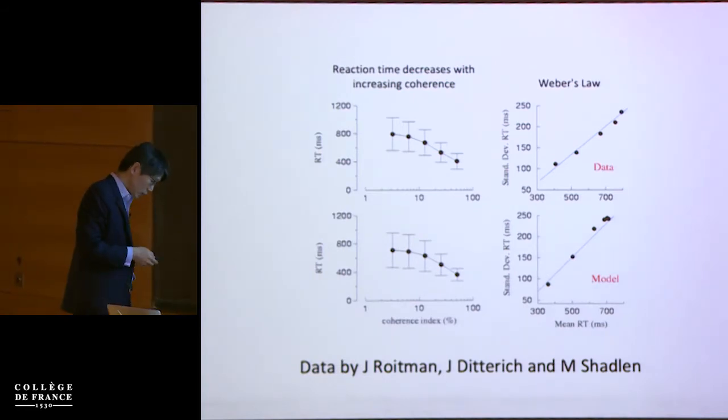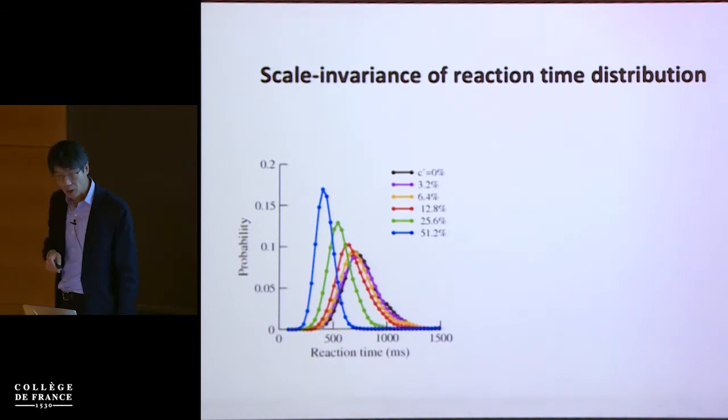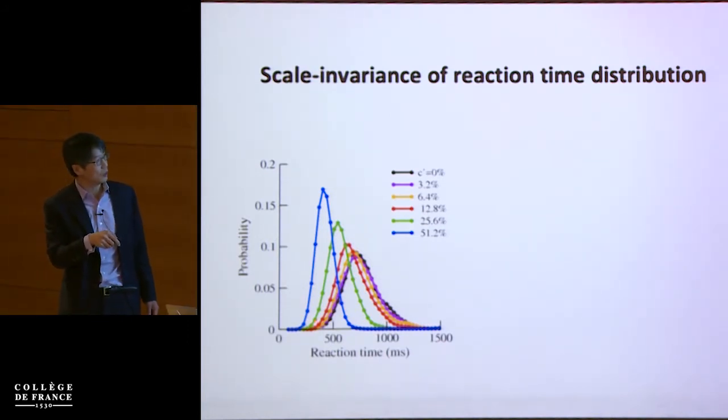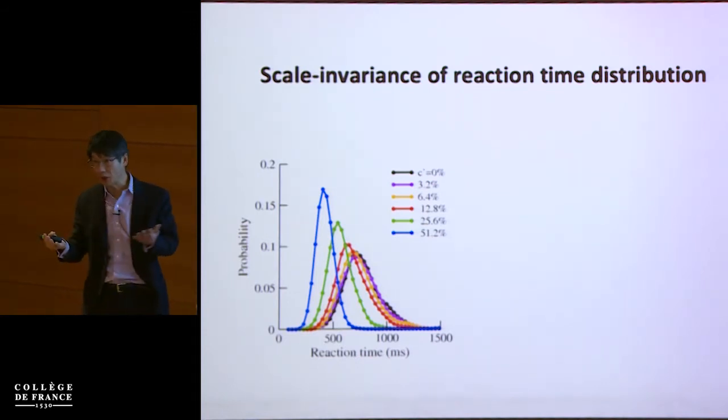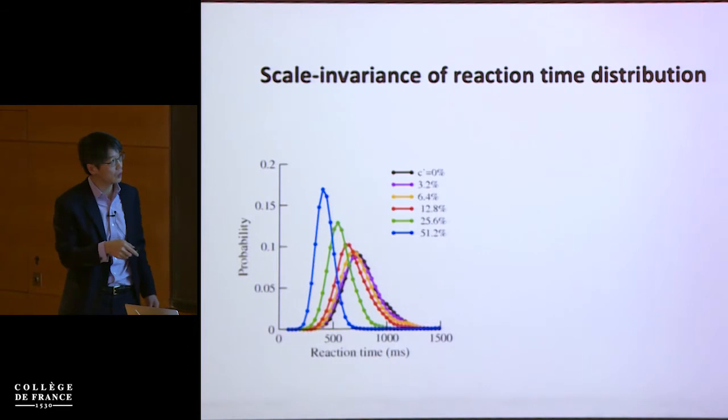And then you say, okay, let's look at the whole distribution of reaction times, and see if you have something like that. So what's shown here are 5 different distributions of reaction time in the model with 5 different motion strengths. When the motion strength is high, in blue, you have this rather narrow distribution on the left. With a lower motion strength, the curve shifts to the right, meaning the reaction times are longer, but also the distribution is wider, as you'll see here.